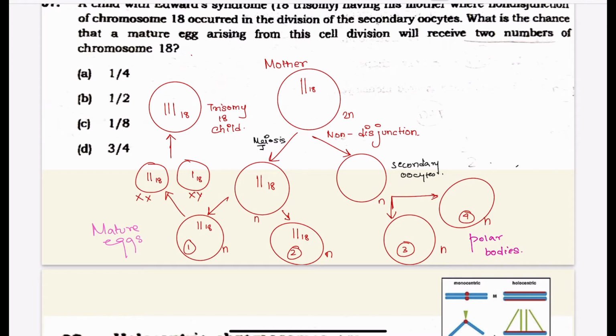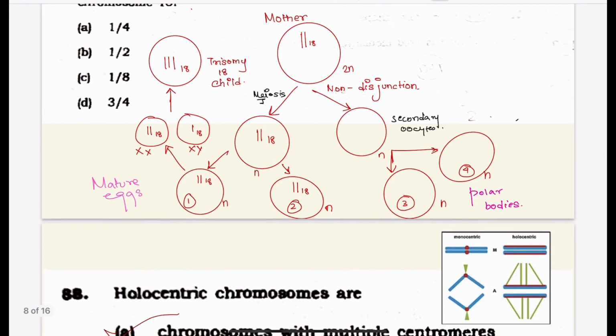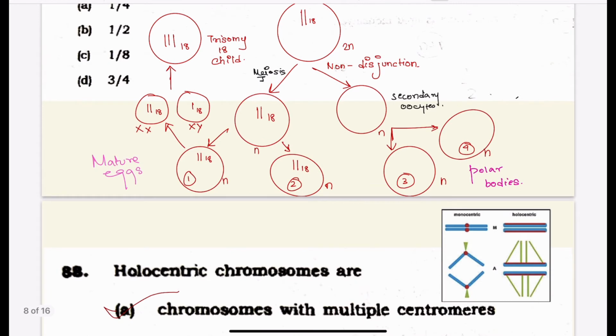Then meiosis 2 follows. The oocyte will give rise to 2 such mature eggs, and since the chromosomes have replicated, they divide equally, so both of them will receive the 18 chromosomes.